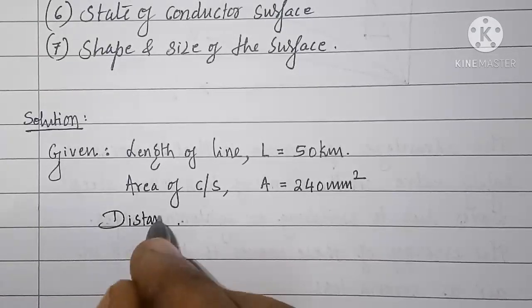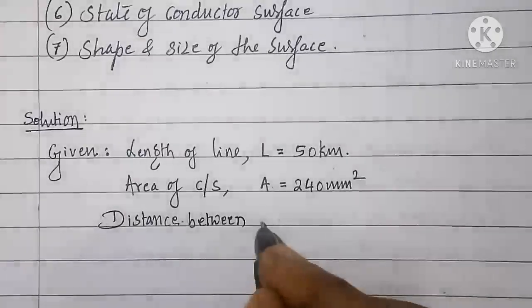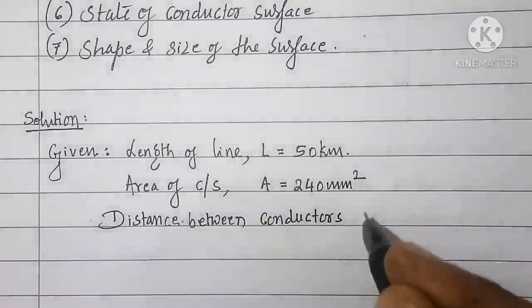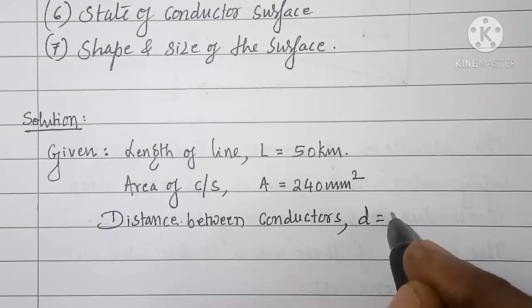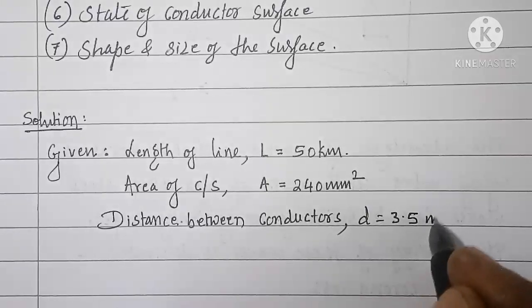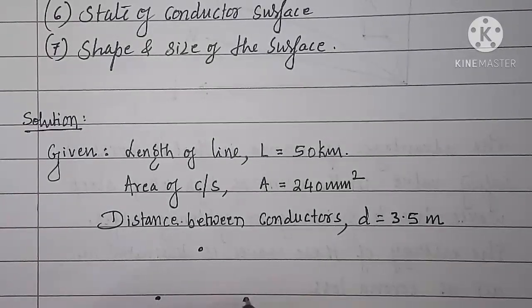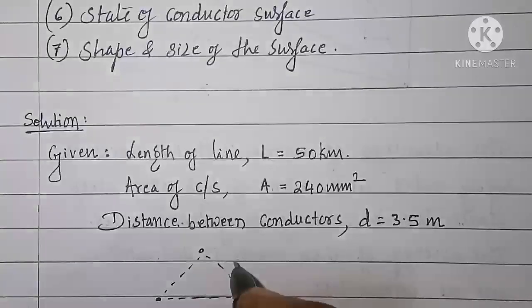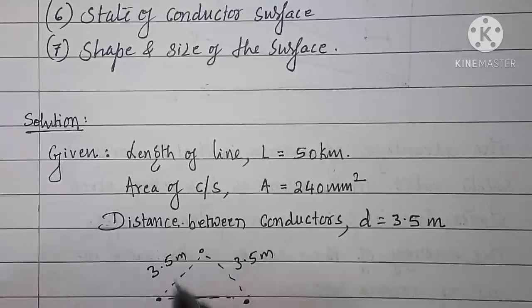Distance between conductors, D, equal to 3.5 meter. Here conductors are placed as vertices of an equilateral triangle with side length equal to 3.5 meter.